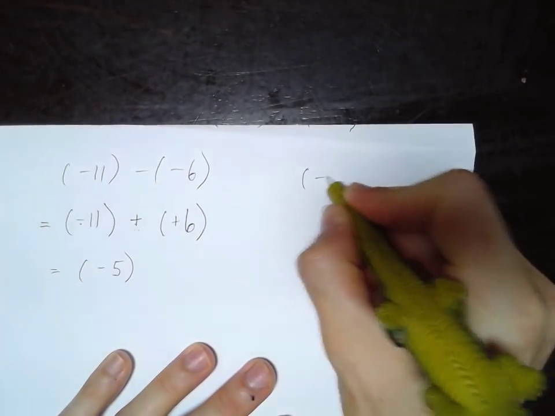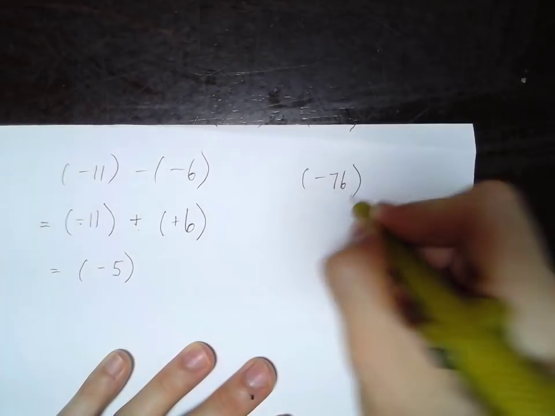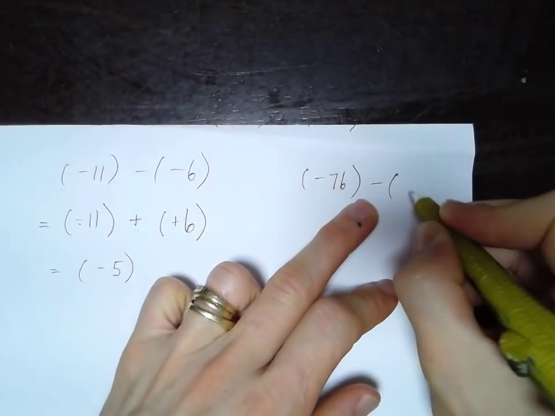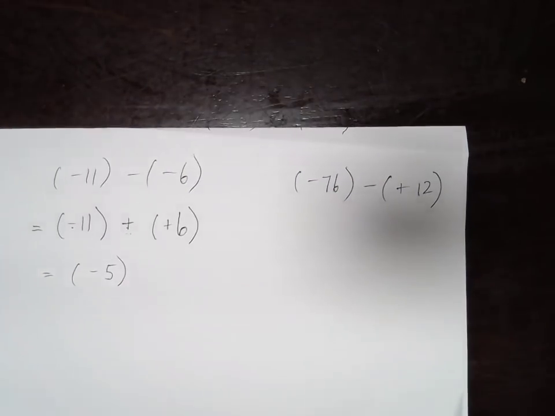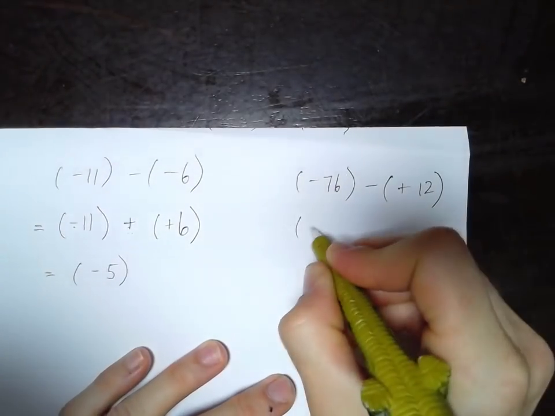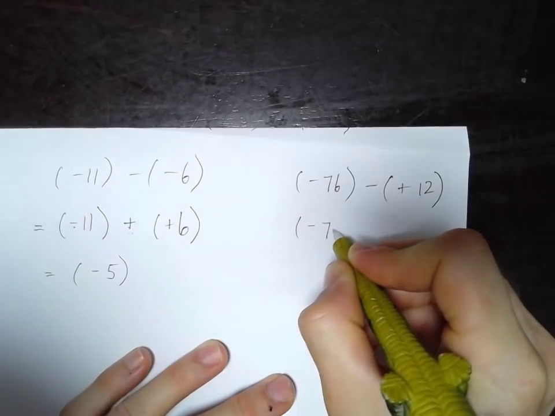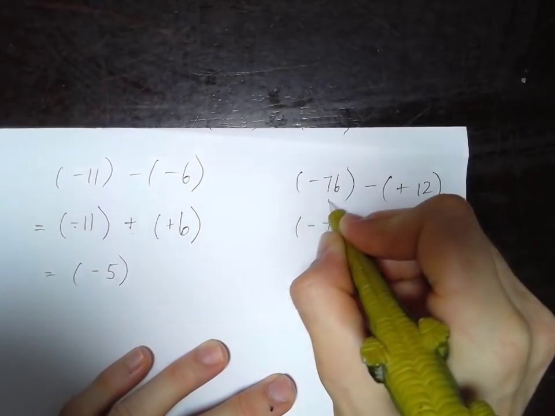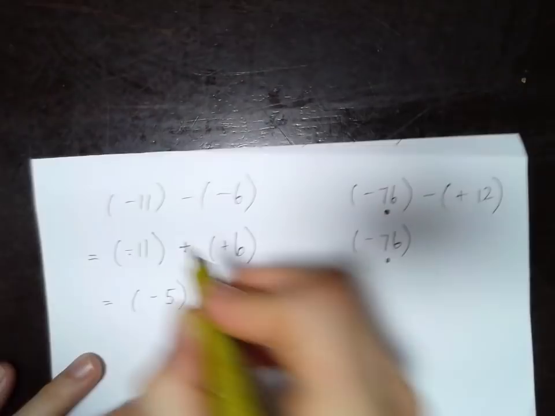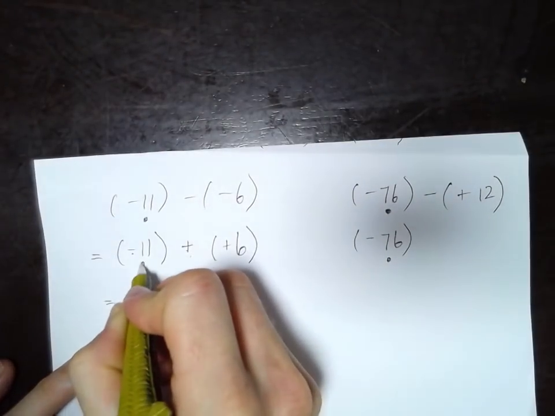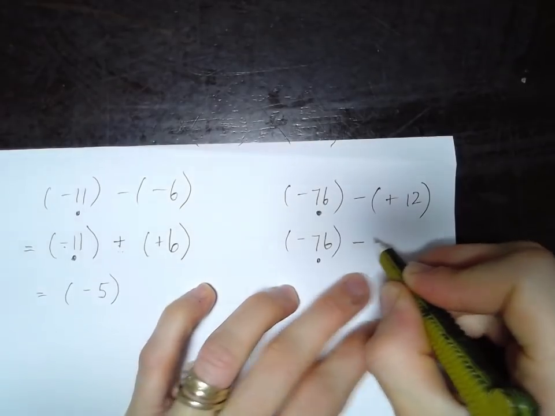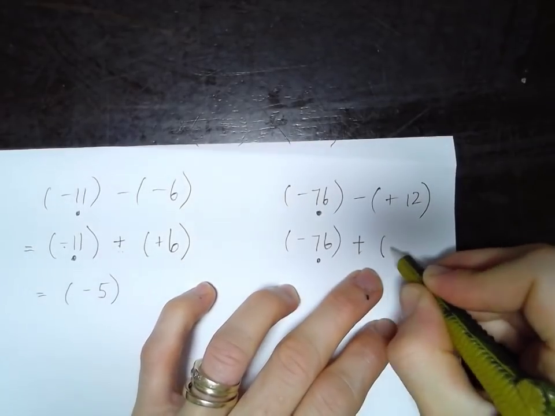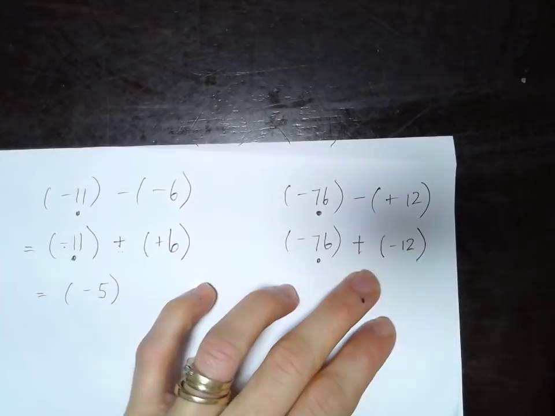What if you had -76, take away +12? Bigger numbers, show your line of working. -76, remember your starting point must be the same. Your starting point must be the same. Take away is going to turn into add the opposite.